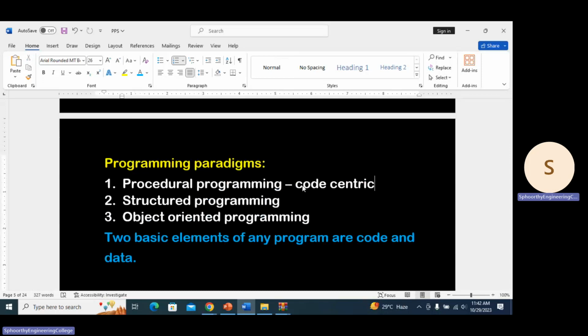So if that one paragraph is required in 10 different places in my entire essay, I'll write that paragraph 10 times again and again. So if this kind of unnecessary repetition is there in your program, then it comes under the procedural programming concept.